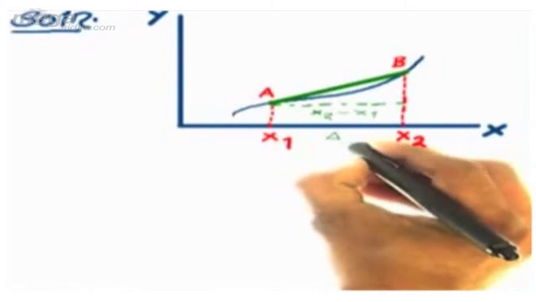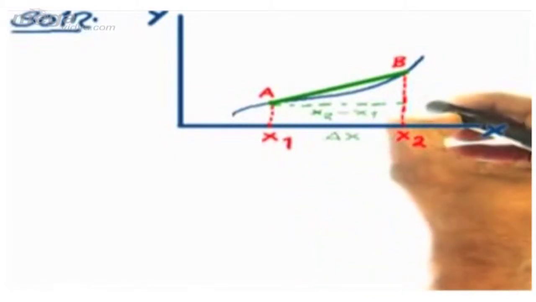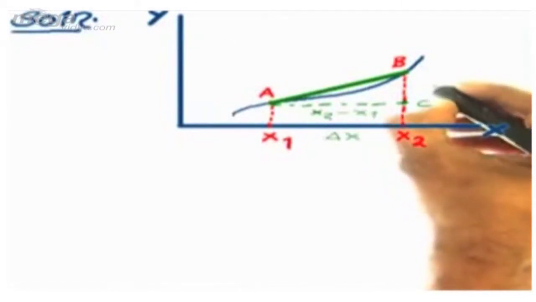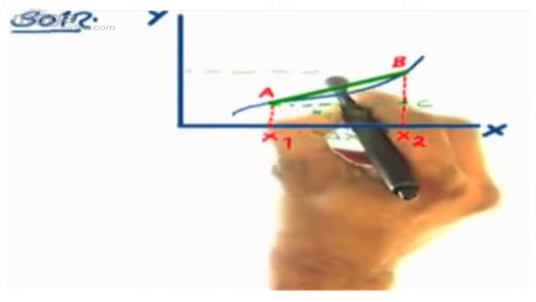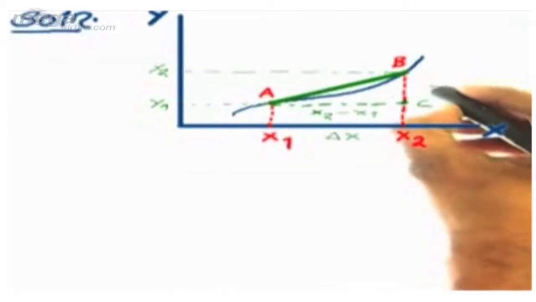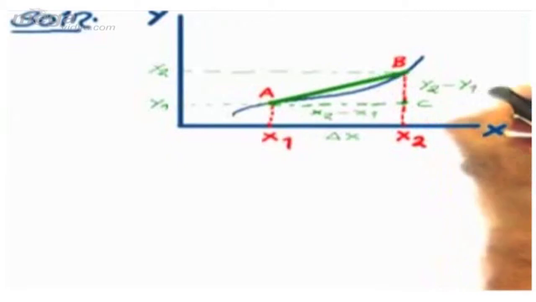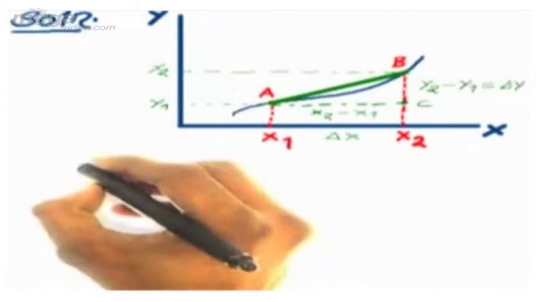We may call it delta x. And here, say this is the point C, the BC distance will be represented by the y coordinate of the final position minus the y coordinate of the initial position, means y2 minus y1. It can be treated as delta y.